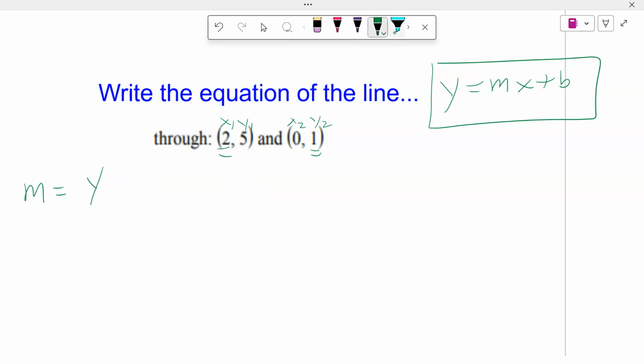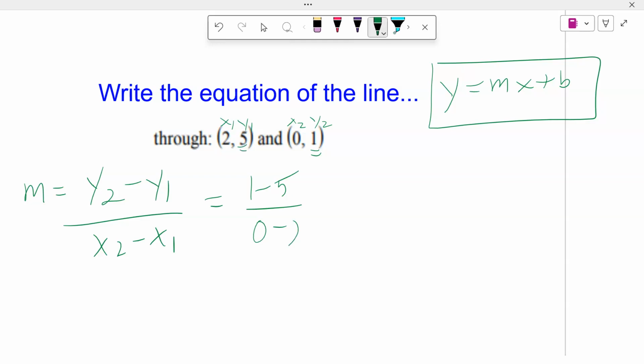Excuse me, it's supposed to be rise over run: y2 minus y1, something seemed off here, and I'm glad I caught myself, over x2 minus x1. Pardon me, everybody. So we should be doing y2 minus y1, 1 minus 5, and then x2 minus x1. Oh, and I'm messing up again. Hold on. It should be y2 minus y1, and then x2 minus x1.